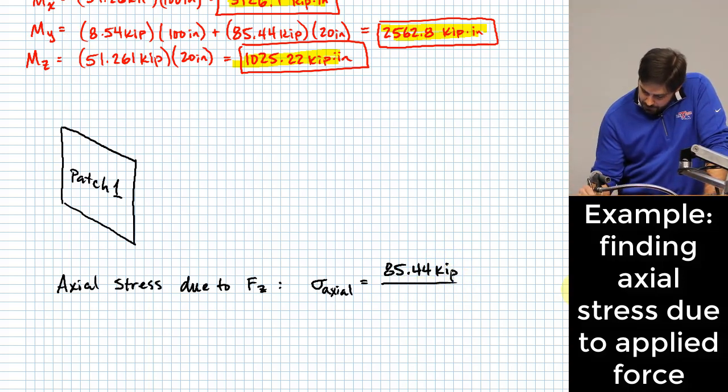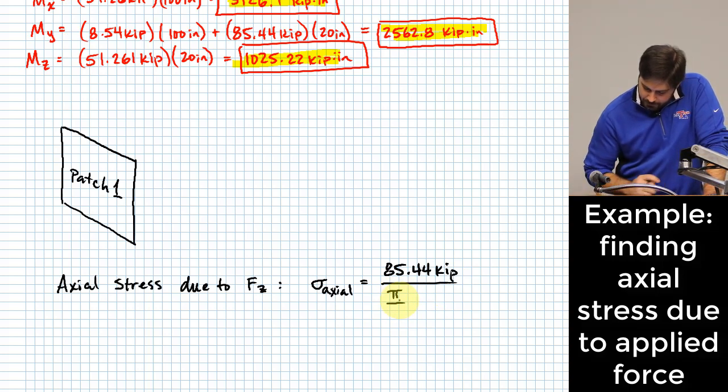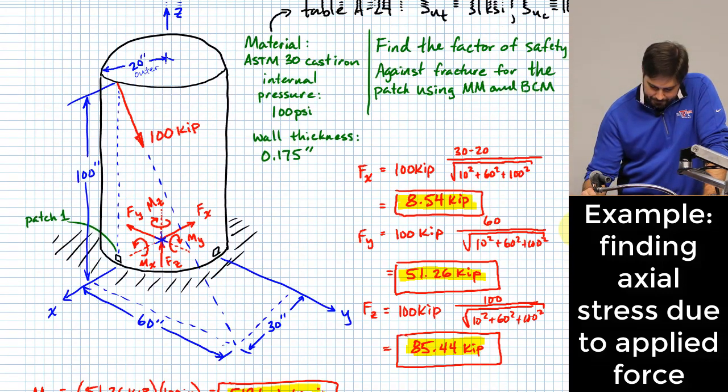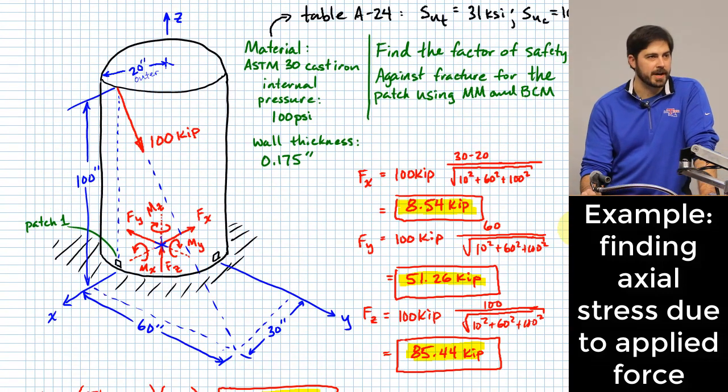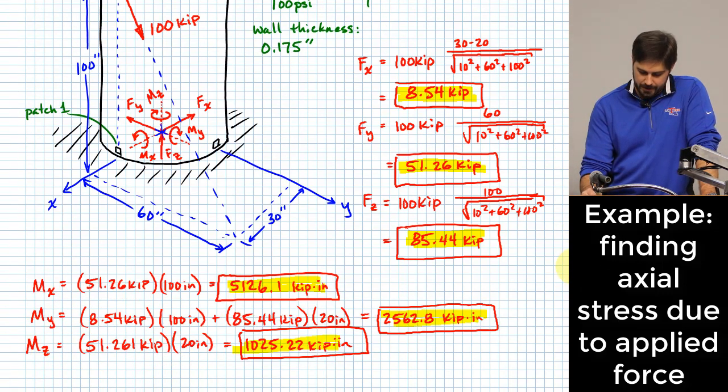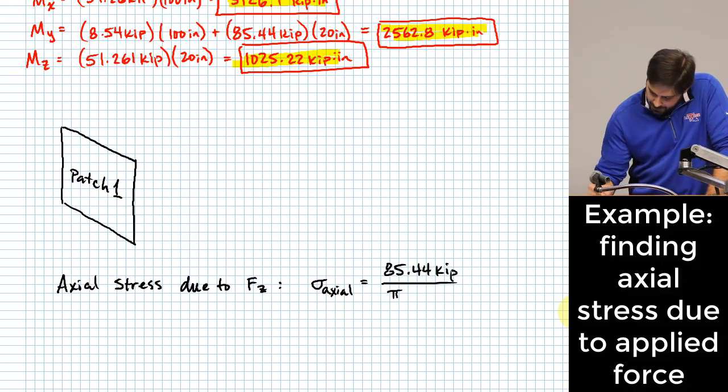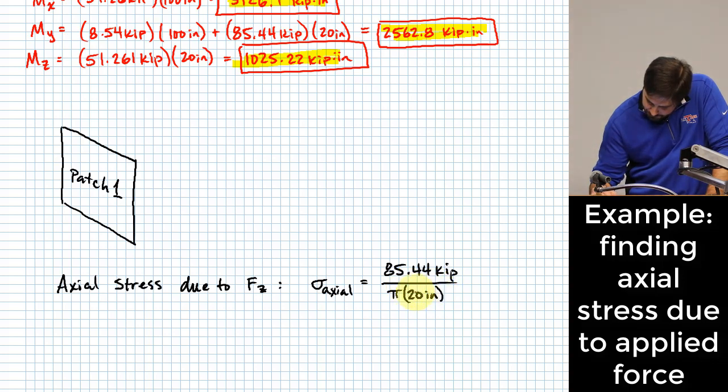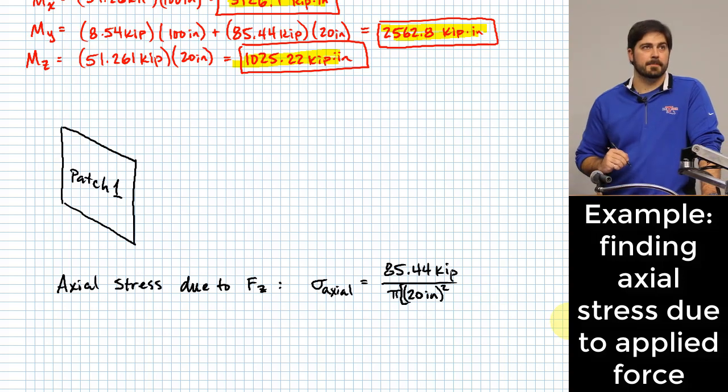The area is going to be pi over, well, I'll tell you what, we are actually given radius values, right? We have a 20-inch outer radius. So rather than use the formulation of it with diameter, I'll just use the one with radius, pi r squared. So pi times 20 inches squared, but then what else do I have to do?